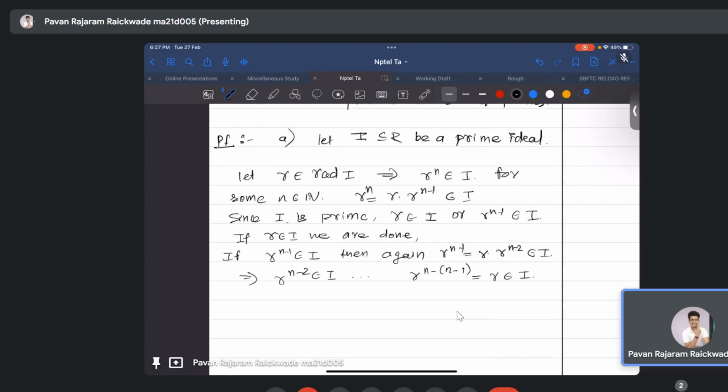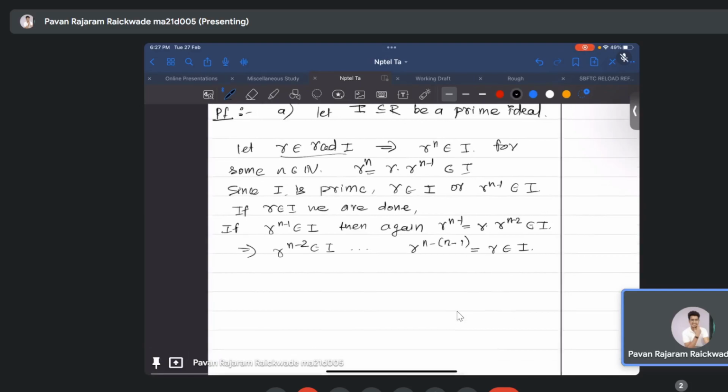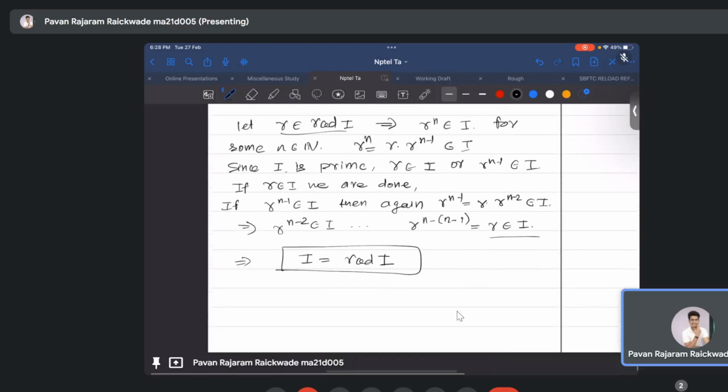So ultimately you end up with r in I, right? That means if r belongs to the radical ideal of I, this implies r belongs to I. Hence, every prime ideal is indeed a radical ideal. Okay.